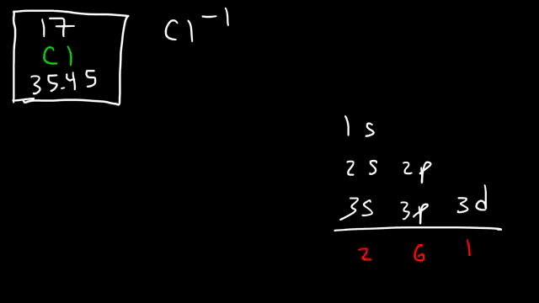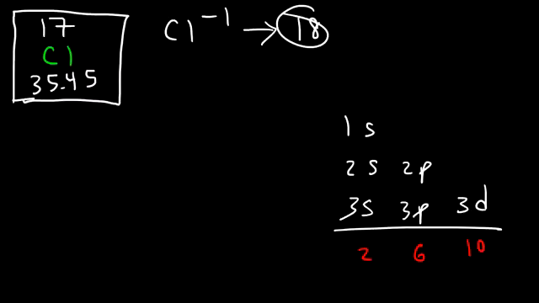Now for chlorine, we really don't need the 4th energy level. So let's start with this. We need to get up to 17, and then we're going to add 1. Chloride has a total of 18 electrons. Now for this one, we can just go straight to 18. We don't have to start from 17 and add 1. You could do that if you want to, but you don't have to, because chlorine is not a transition metal.